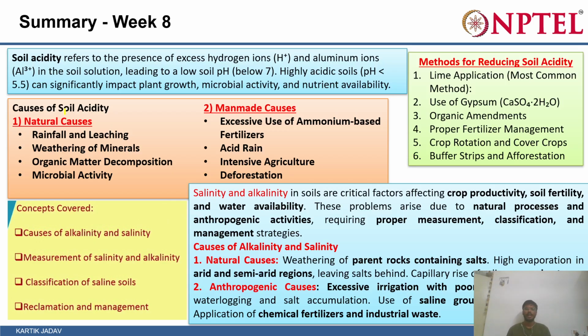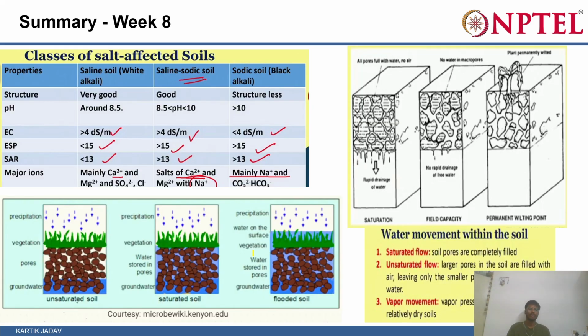Then you have salinity and alkalinity, which are factors affecting crop productivity, soil fertility, and water availability. These problems are due to natural and anthropogenic processes that I have already defined. And again, the causes of alkalinity and salinity can be natural or anthropogenic.